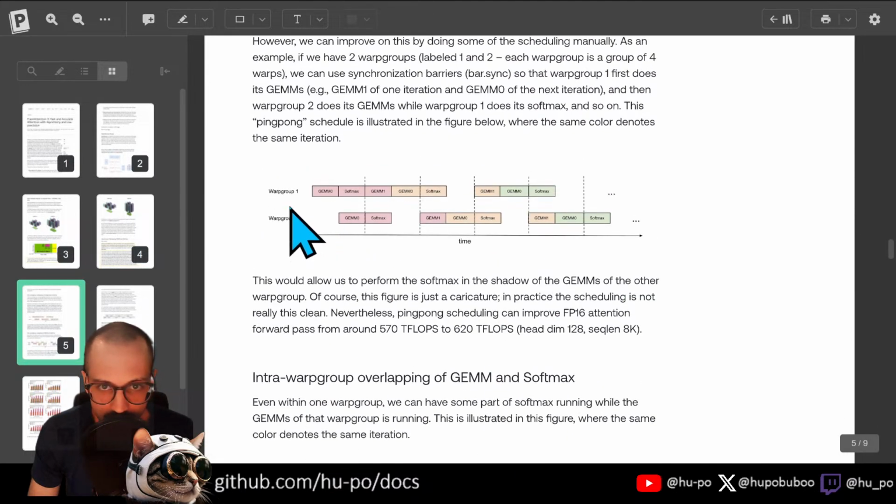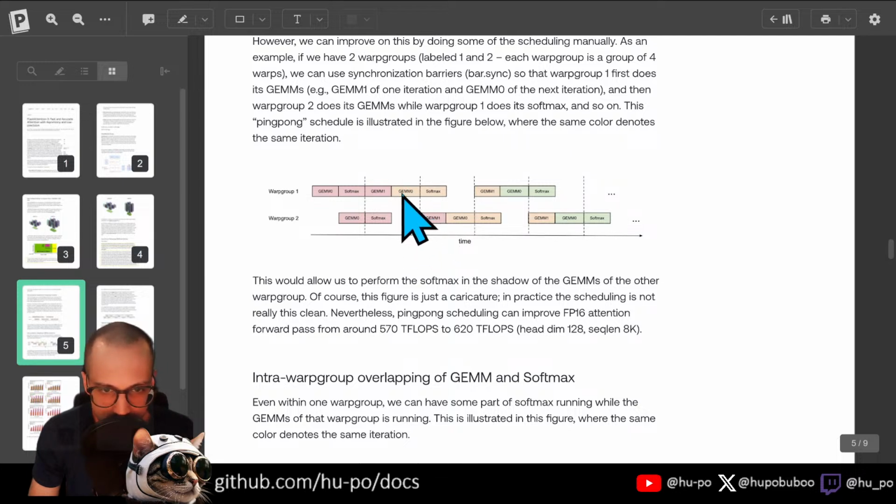And you can see here, this is a time plot showing you the operations that the GPU is doing. Whenever there's a break, that means you have to wait. Something over here needs the answer from this thing here. So this GEMM1, or whatever this is, needs the answer from this GEMM0.